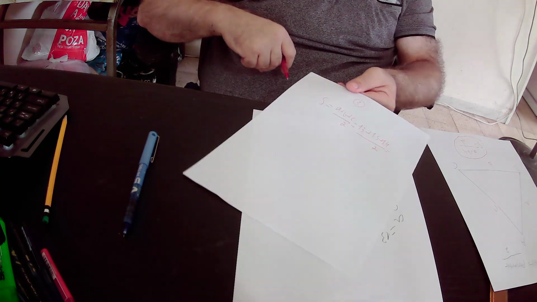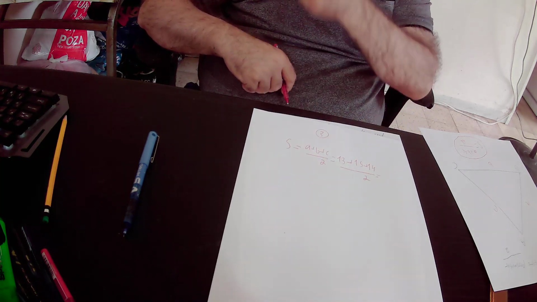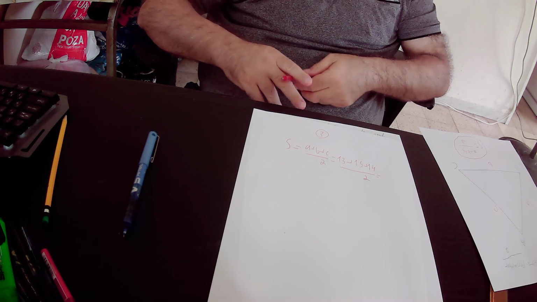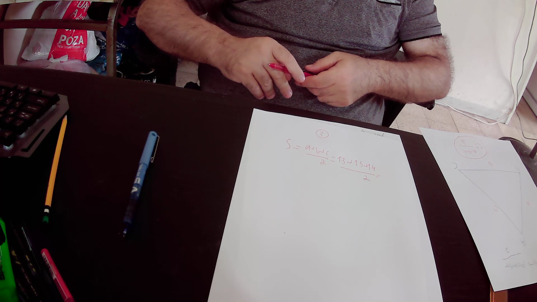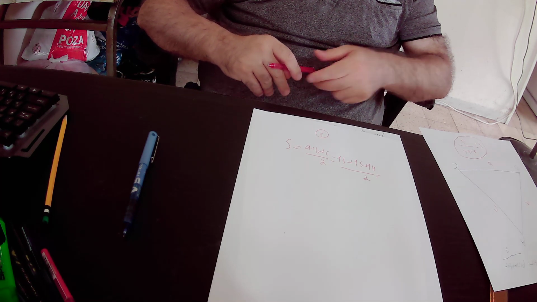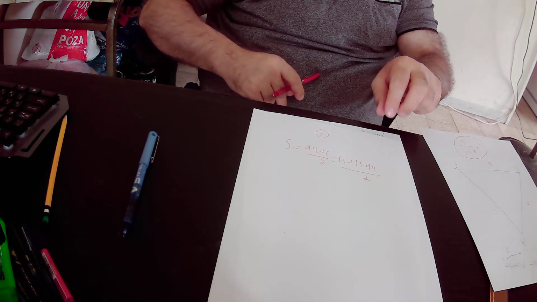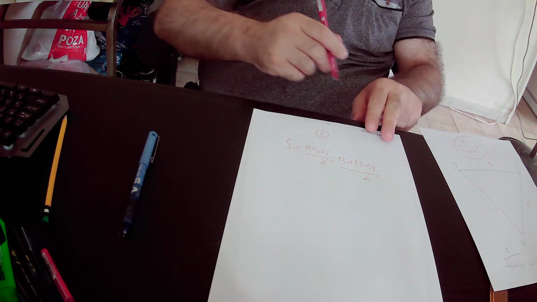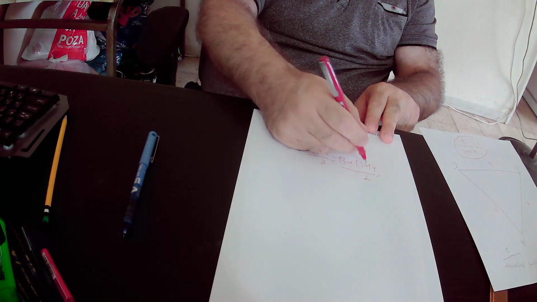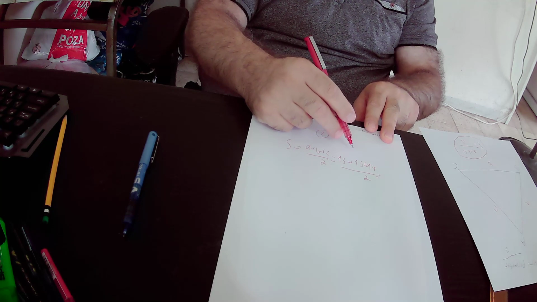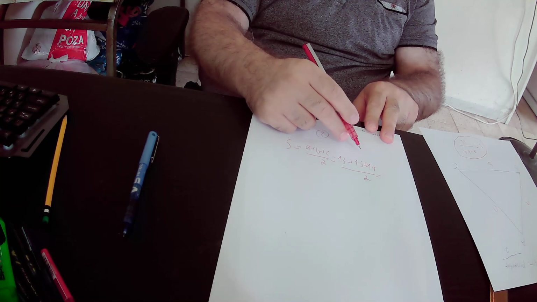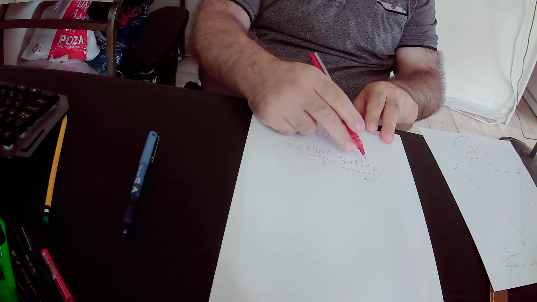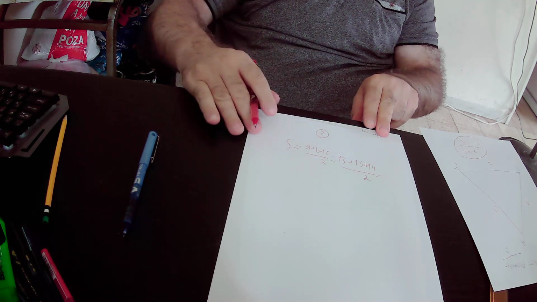So the semi-perimeter of our triangle ABC equals 13 plus 15 plus 14 over 2. 13 plus 15 is 28, and 28 plus 14 is 42, and 42 over 2 is 21.